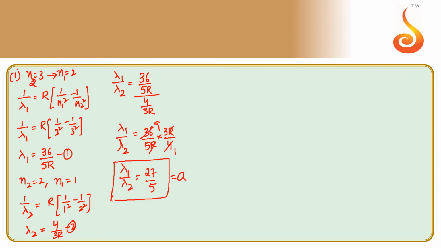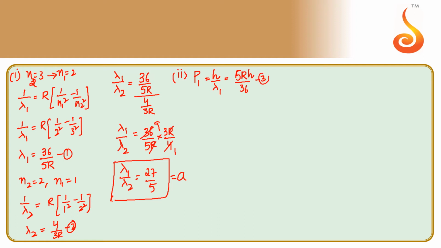Okay, let us look at the momentum case as well. The second one is momentum. We know that momentum in the first case is equal to h by lambda 1. Since lambda 1 is 36 by 5R, we get 5Rh by 36.